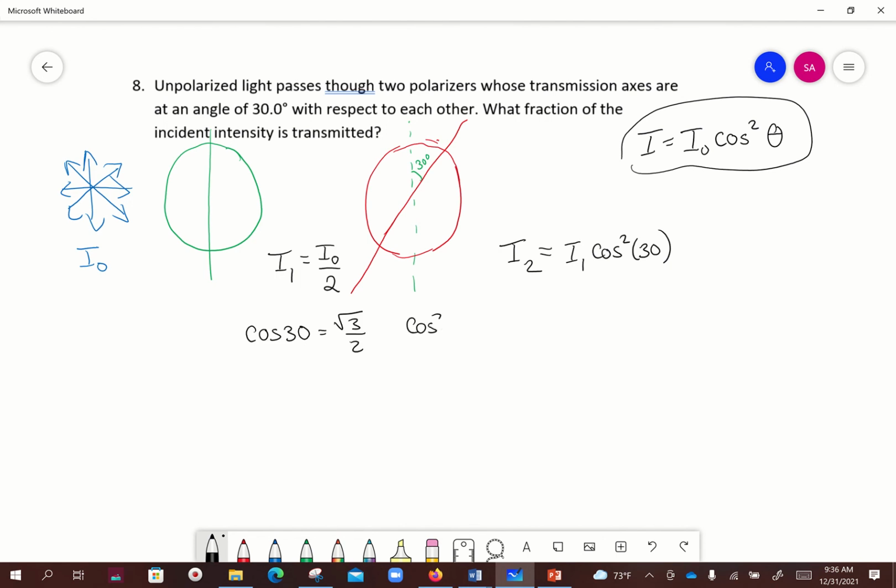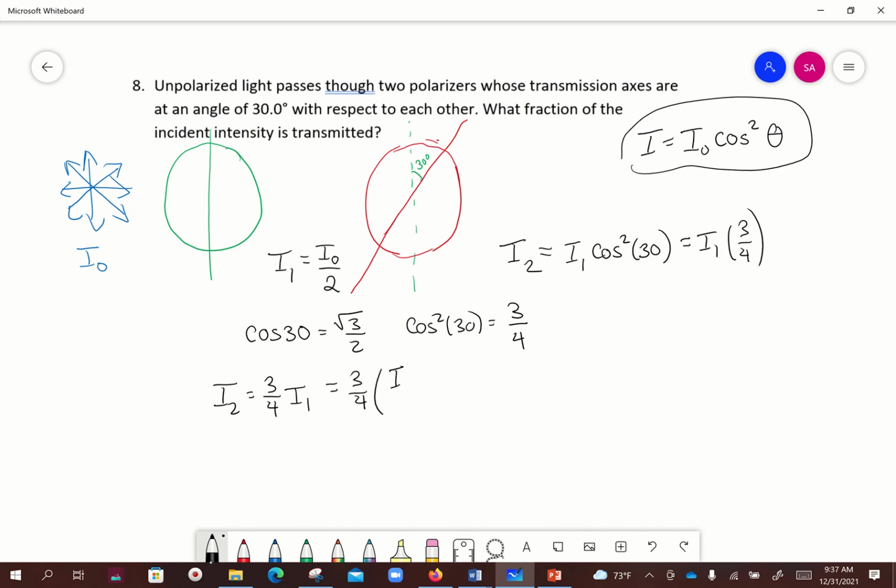So cosine of 30 squared is going to be the square of that. So square the top, root 3 squared is 3, square the bottom, 2 squared is 4. So that's going to be I1 times 3/4.